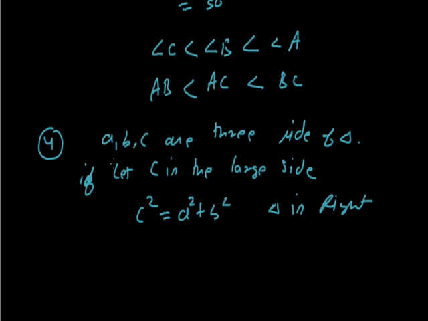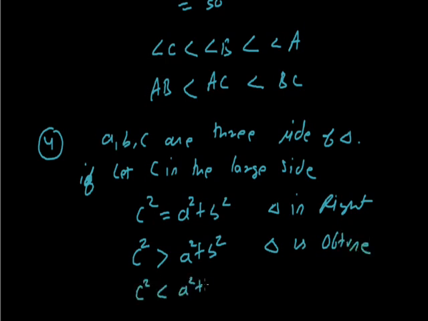So with these three sides we can form a right triangle. If c square is greater than a square plus b square, then the triangle is obtuse. If c square is smaller than a square plus b square, then the triangle is acute.